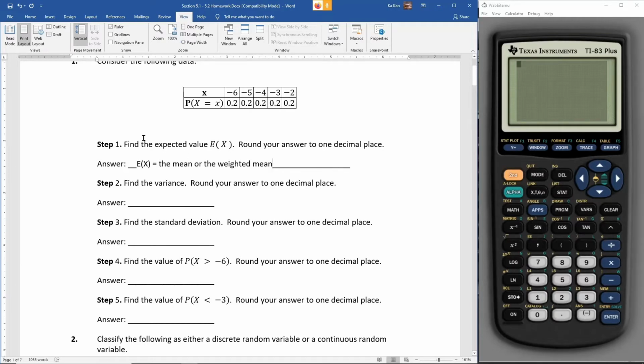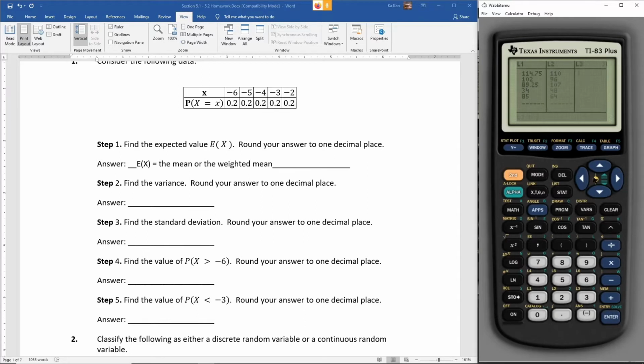Now, I could show you how to do this by hand, but we should work smart. Let's use a calculator for this. To put all this information into the TI-83 or 84, all you gotta do is go to Stat, Edit, Enter. Let me clear this off first.